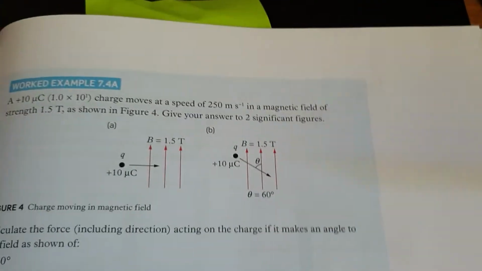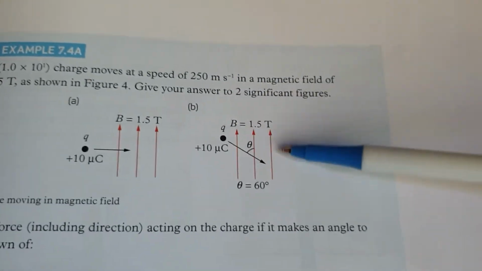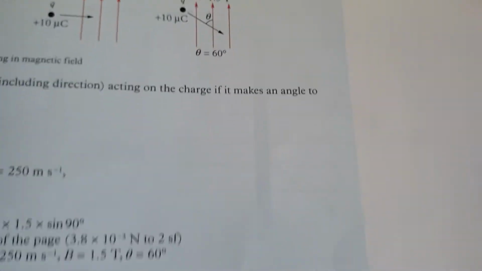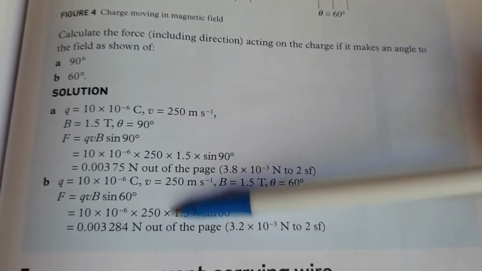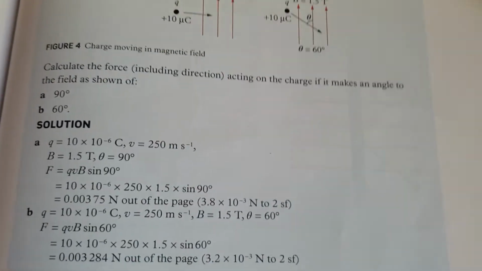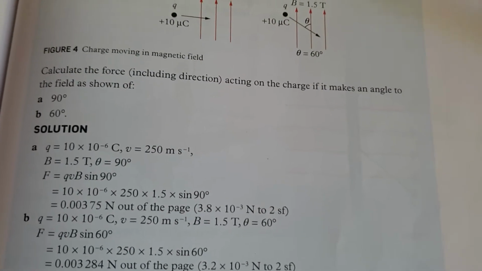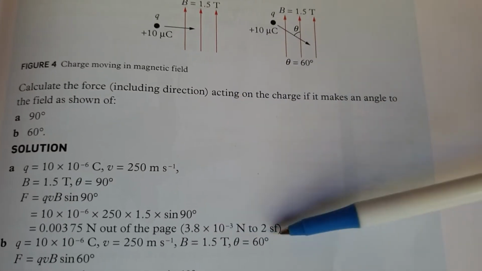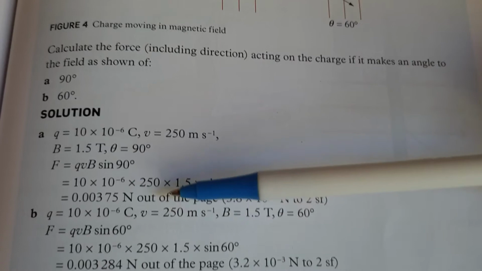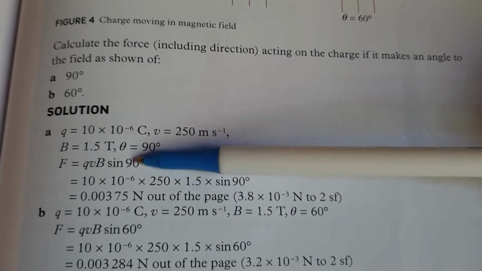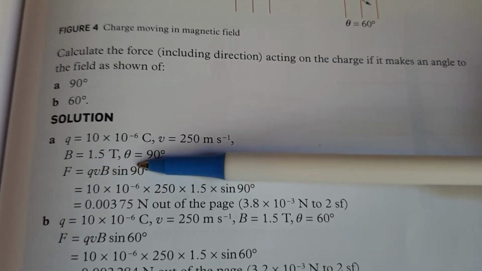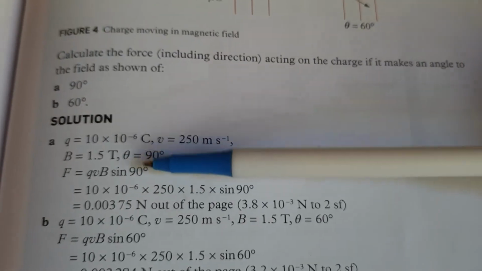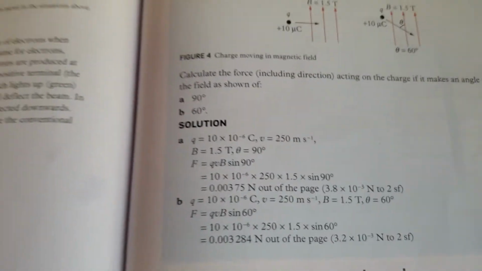So most questions it'll be fired in at a right angle unless it tells you a particular angle. These examples are just straightforward as can be. You've got the size of the charge, the velocity of the charge, the magnetic field strength, and the angle, and it's a really simple formula. Force is QVB sine theta, with 90 degrees and 60 degrees.